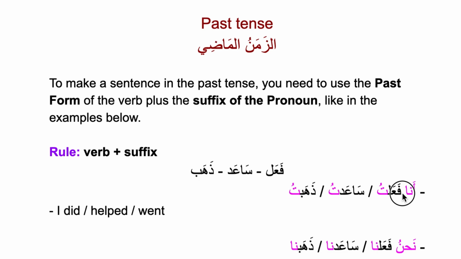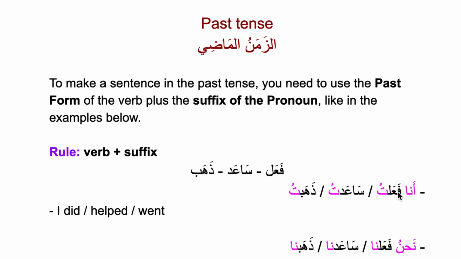For example, fa'al is in the past. Fa'al itself doesn't say who did the action. But when you attach the ta with the dhamma, then it tells that I did the action. For example, fa'al, fa'altu, and it means I did.